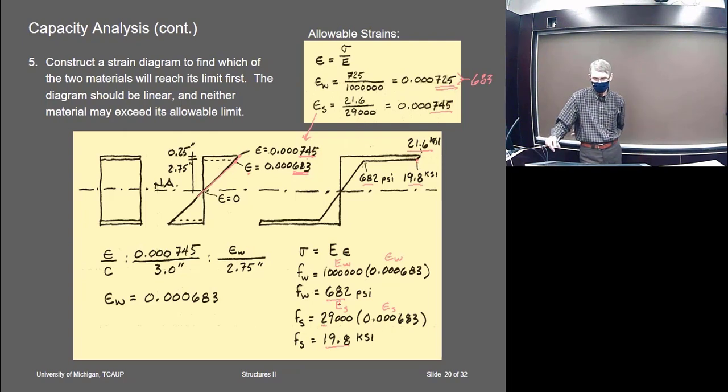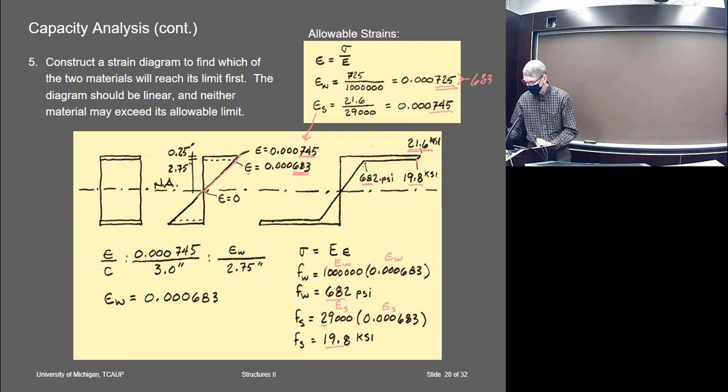So they're both safe. This one, the steel is maxed out, is controlling the design, and the wood is, in this case, a little bit below, not fully stressed. So that would be safe. That would be the limit that you could take that to, because the first material failed.